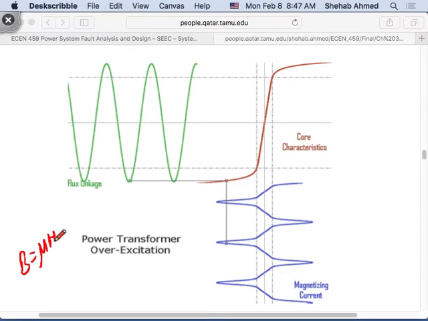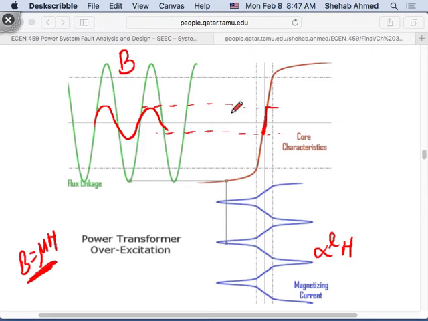B equals mu h. This is B, and this is sort of proportional to h. What I'm doing means I'm in this linear zone. Linear zone means I'm complying with this equation. This is the axis for B, and this is the axis for h. In this zone, between these two points, B equals mu h.